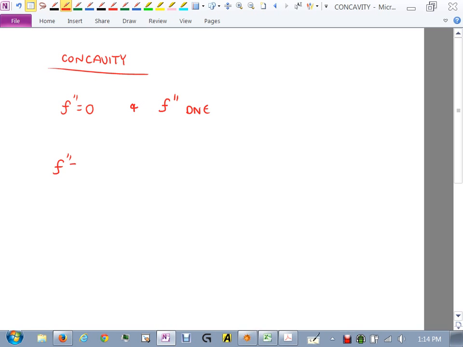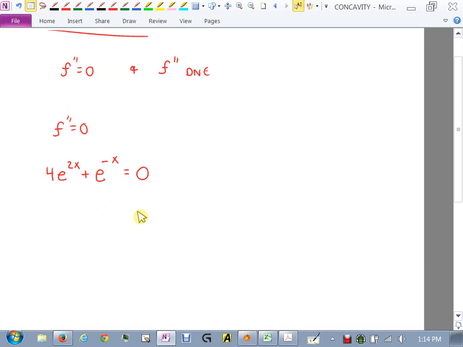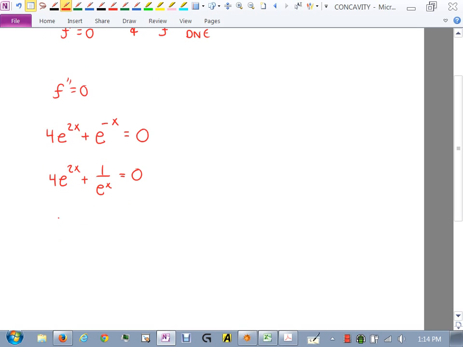So second derivative equal to 0 means we're looking at 4e to the 2x plus e to the negative x equals 0. And I can see why you ran into a problem. There's no solution to this. So I would go through this the same way. I would get a common denominator.